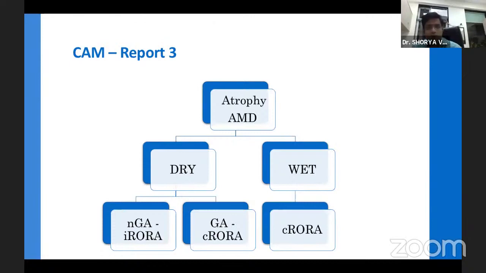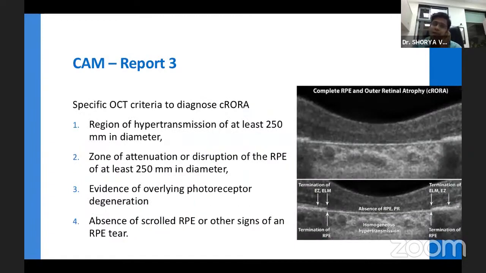So what exactly is complete RPE and outer retinal atrophy? Previous studies have actually mentioned all of these. They have just given a particular dimension to all of them, and they have called it a particular sign.